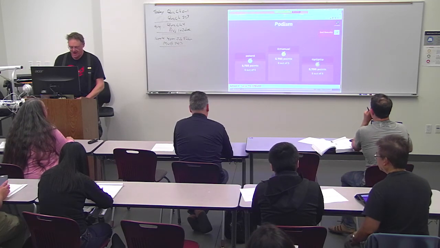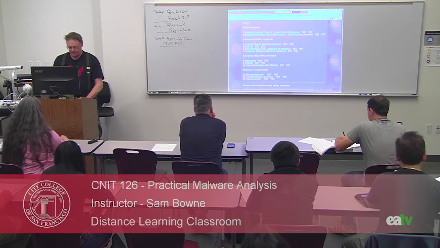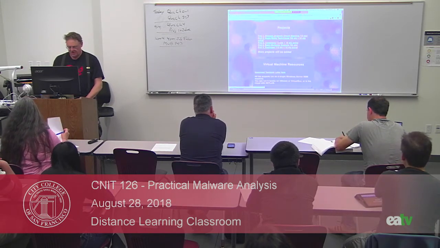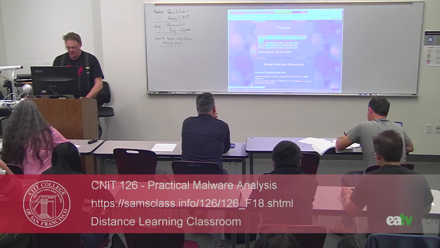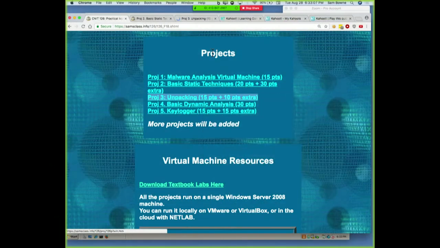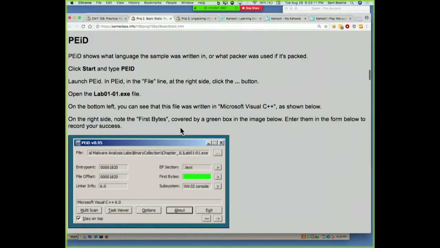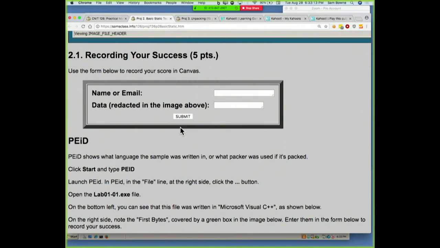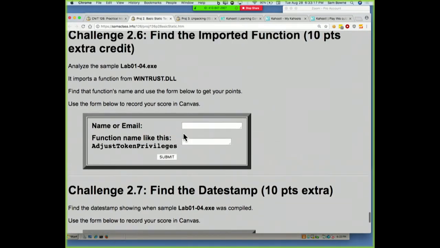So let's take a look. I added a couple of extra credit bits to the projects that were already there, which are projects 2 and 3. So let me just mention those. And then we'll talk about the dynamic analysis. Here's your static techniques, where you analyze your malware with things like PEview and BinText and such. And at the bottom, I added another challenge.